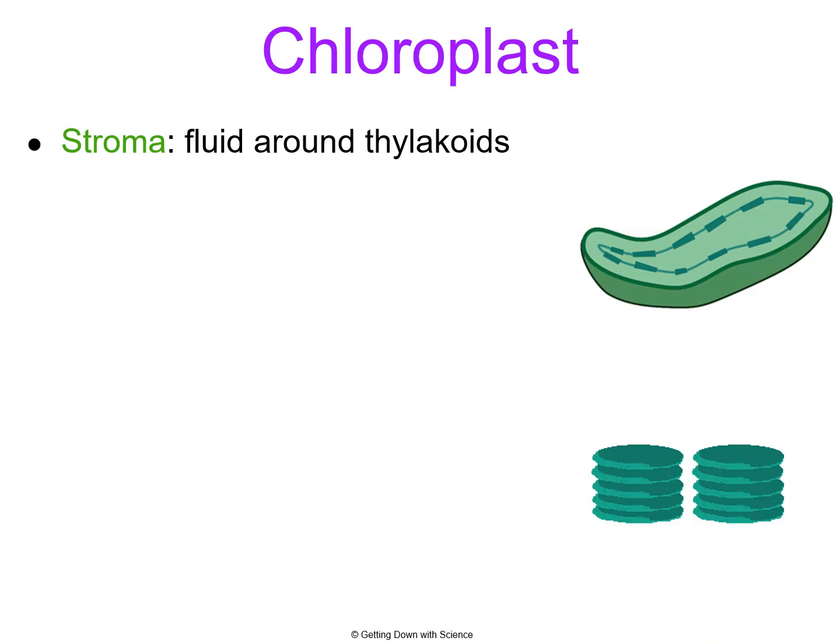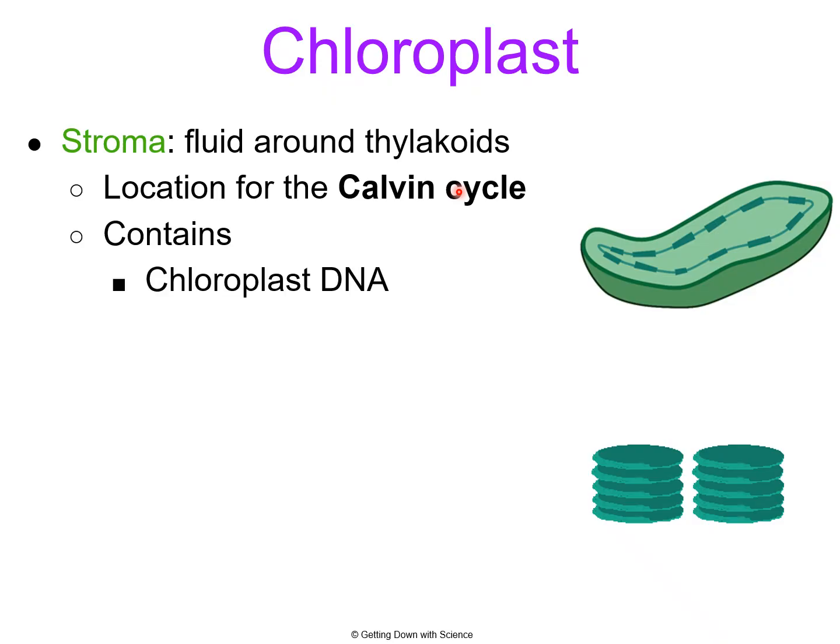Also, another structural region of the chloroplast is the stroma. And the stroma is not a physical structure, it is more like a space that is filled with fluid. So it's a fluid-filled space that pretty much surrounds the thylakoids. And this is the location for the Calvin cycle, also called the light-independent reaction.